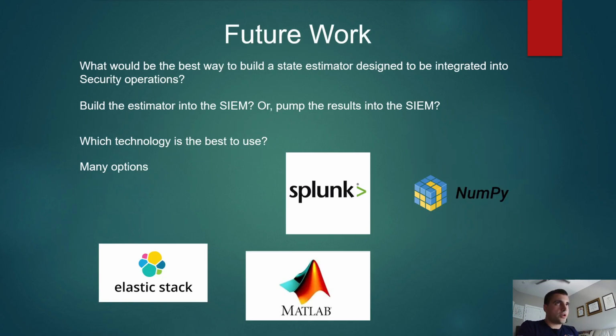So, future work, because this isn't really something that's being used right now for security anywhere that I've seen, and if somebody knows better, please correct me: what would be the best way to build a state estimator? We have ones that are commercially available, but maybe it's a better idea to integrate the data we already have into a data solution like Splunk or Elastic or some other SIEM, or maybe it's better to build it onto Splunk, like a Splunk app or an Elastic Stack app or something like that.